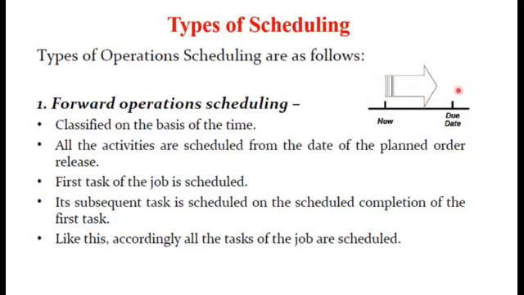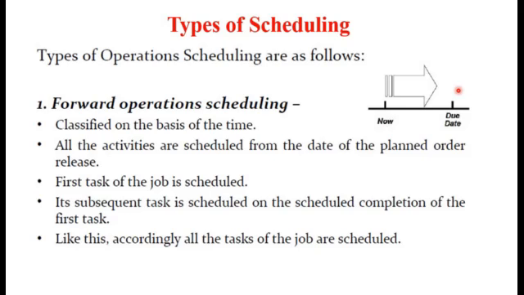Then all these activities are scheduled from the date of the planned order release. The first task of the job is scheduled. Then its subsequent task is scheduled on the scheduled completion of the first task.